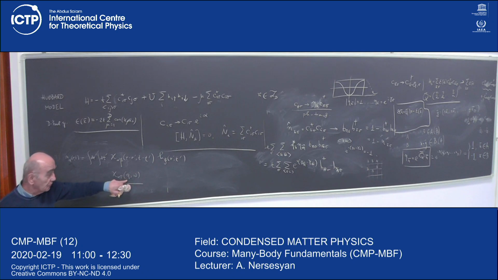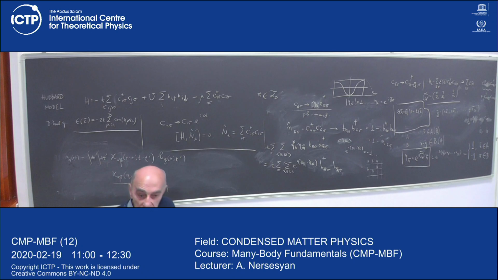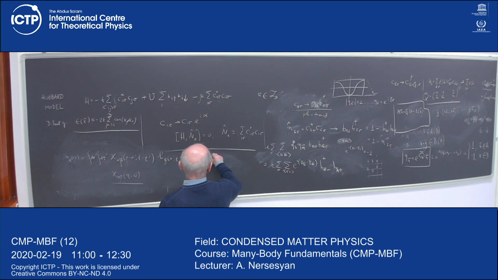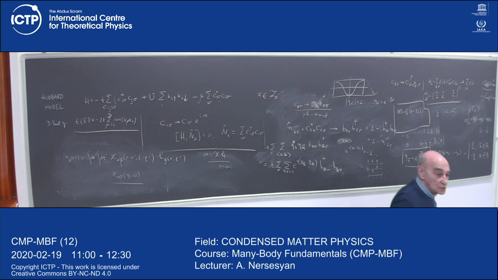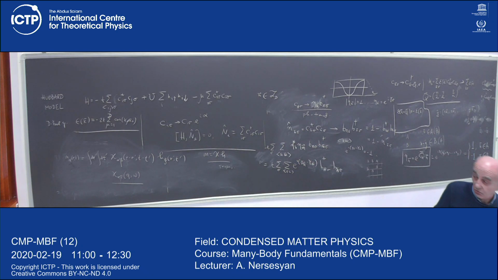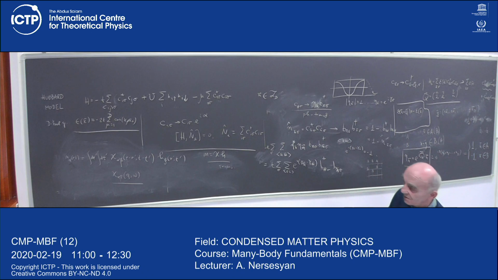If I have both of them 0, that means that the external field is both static and uniform. This is exactly what we mean when we write down m is equal to chi times h. This is just the case when q equals 0 and omega equals 0. But generally speaking, I may have this and that, it's more than two possibilities.